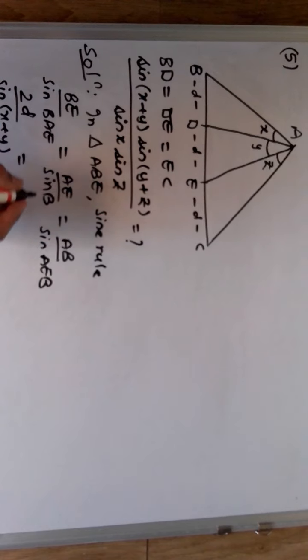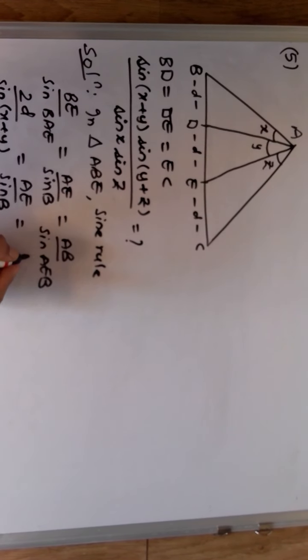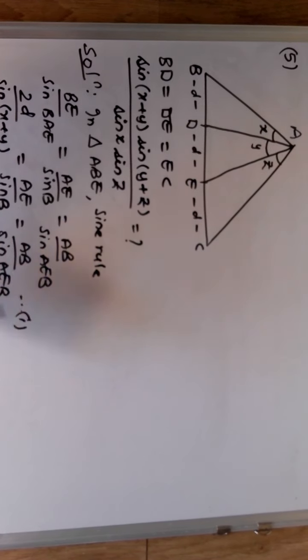AE is not known, and sine B let it be as it is, and AB also is not known, so this also remains as it is. AB upon sine AEB also is not known. Okay, let this be your first one.